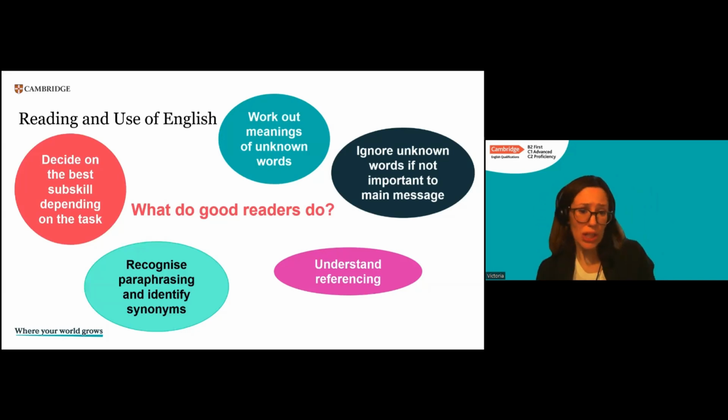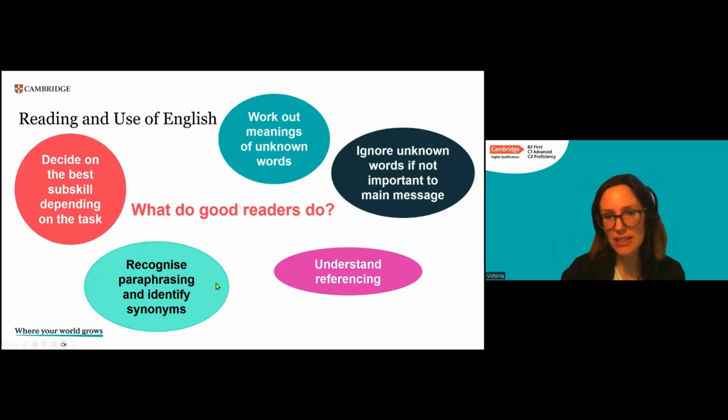Then I also think that good readers can definitely recognize paraphrasing and identify synonyms. Okay, so they can identify different ways in which something is being expressed.